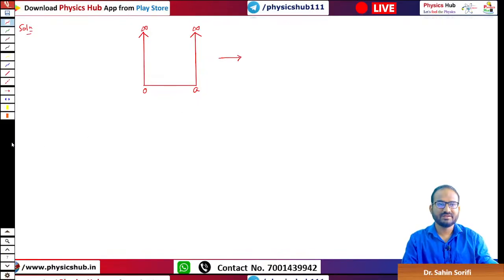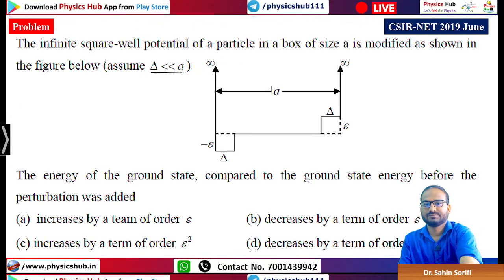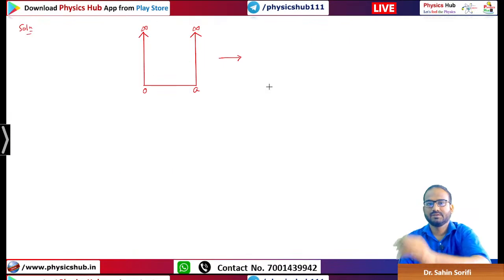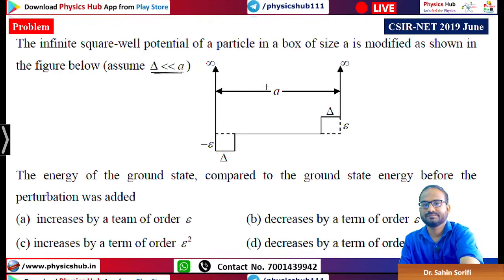How has it been modified? It has been modified to this form. Some perturbation has been added, something like this.